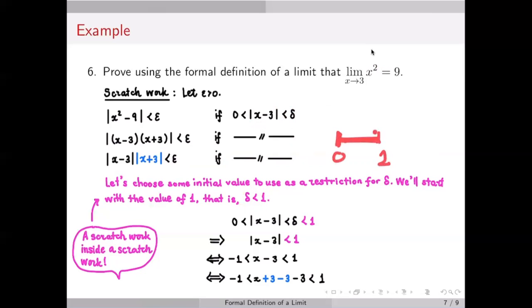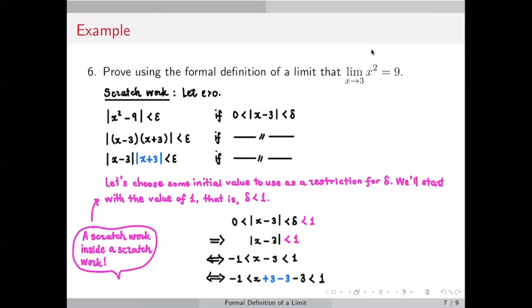In terms of calculus, this is already a big enough interval wherein we can talk about the limit of a function. Anything beyond that, perhaps the value of x squared away from 9 becomes bigger, and we want it to be sufficiently small. This is another way of saying delta is less than 1.